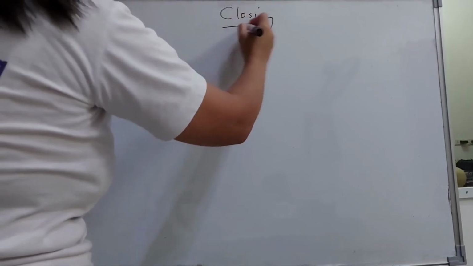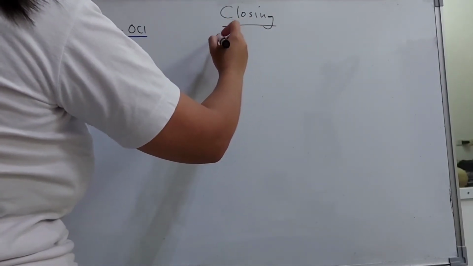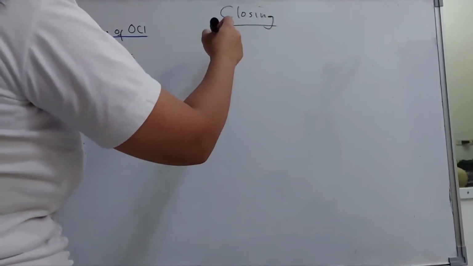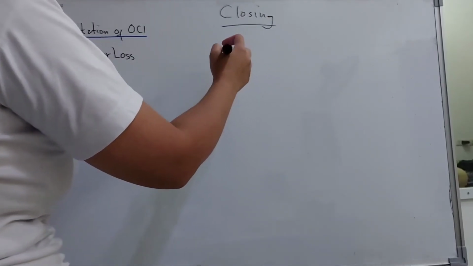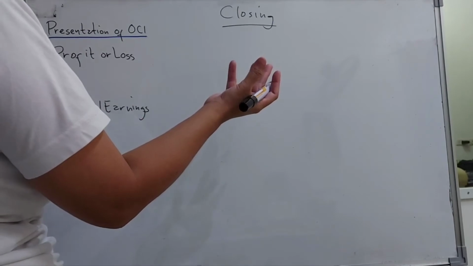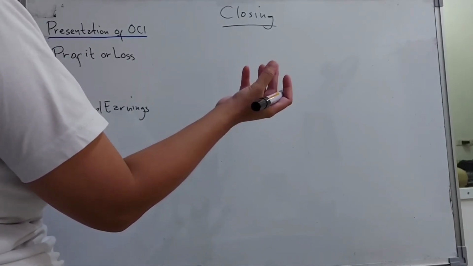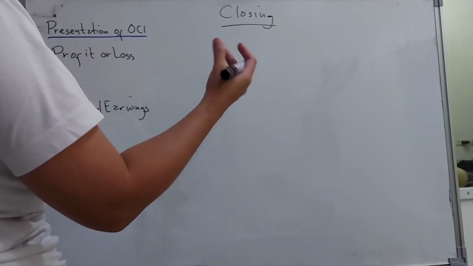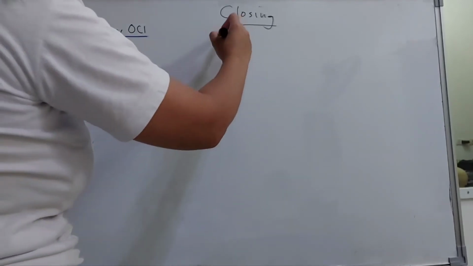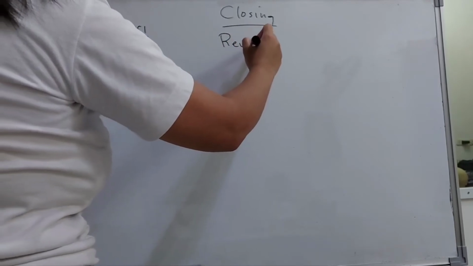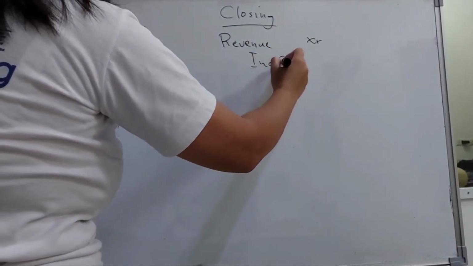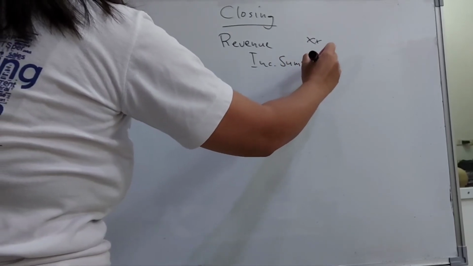So, di ba ang unang ikino-close ninyo ay yung revenue, okay, sa income summary. So, since kino-close yung revenue sa income summary, yung revenue dapat ma-zero. So, di ba ang normal balance ng revenue ay credit? So, kaya para ma-zero siya, i-debit mo siya, di ba? Ang entry mo, debit revenue, and credit income summary. So, yung income summary, temporary account siya.